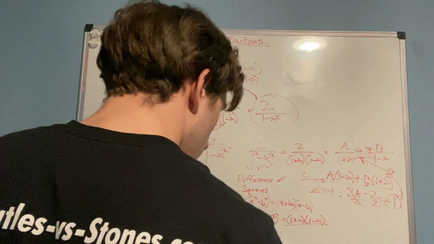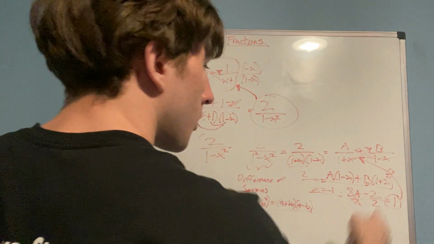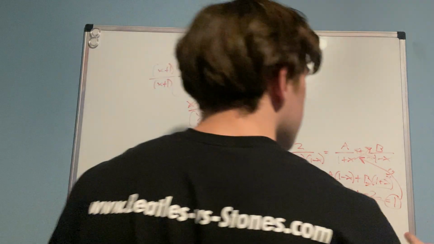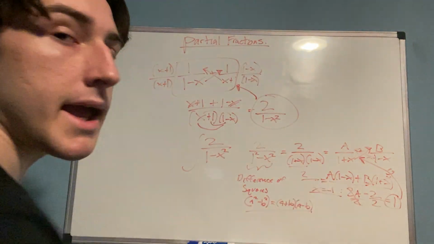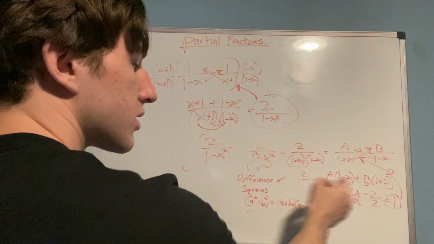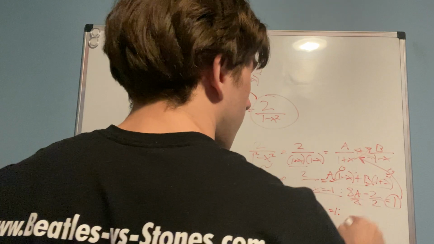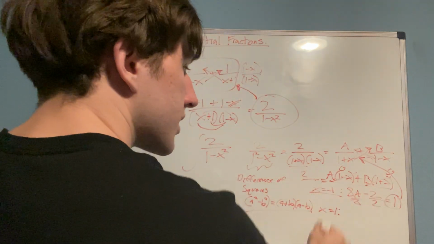Okay? I'm going to erase this real quick. And if we wanted to solve for b, we would just have to do the opposite. We want to eliminate a now. So we do x equals 1, because 1 minus 1 is 0. So that would go to 0. And then we would have 1 plus 1 for b.